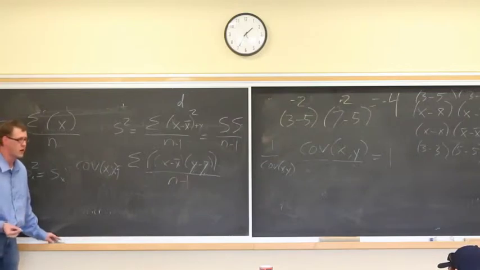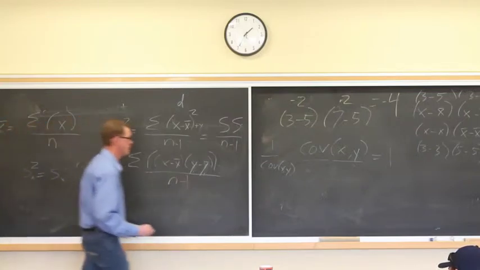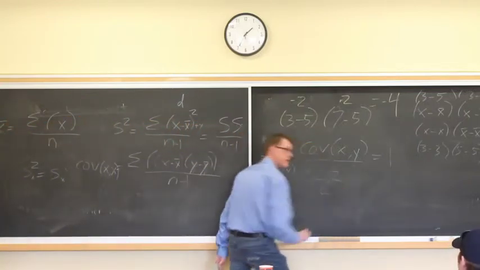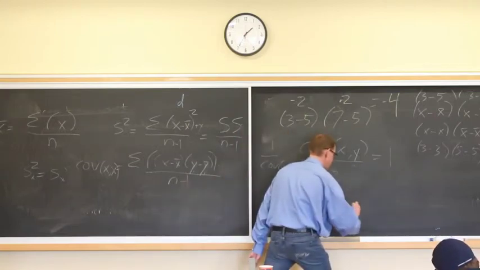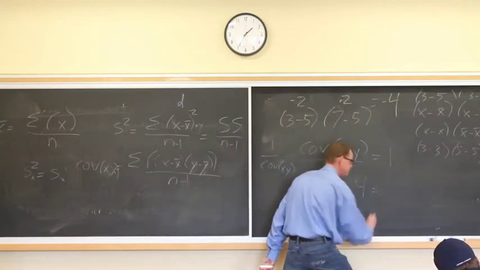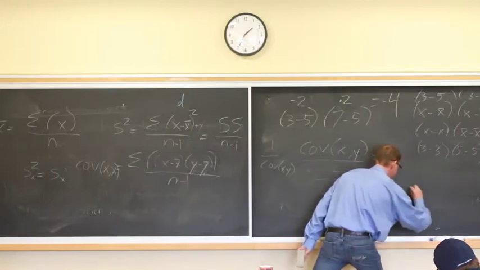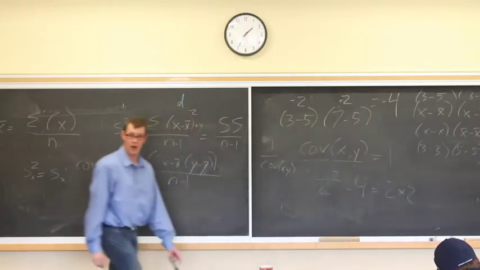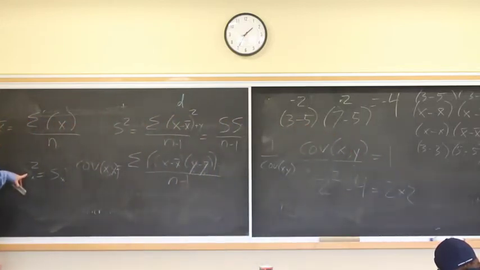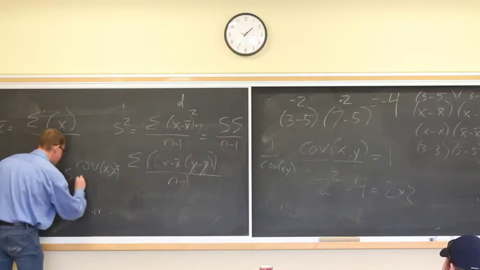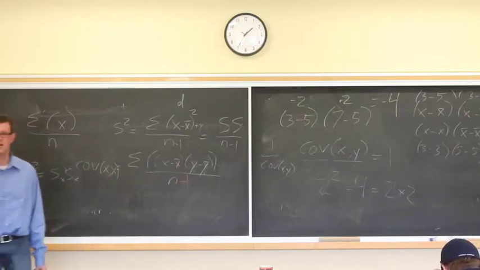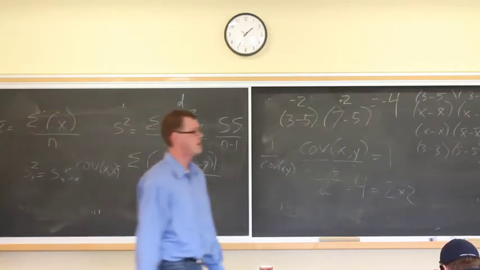You guys know what a square is, right? 2 squared equals what? 4. How else can we write this? 2 times 2. Right? Sx squared equals Sx times Sx. The standard deviation of x times the standard deviation of x. Right?